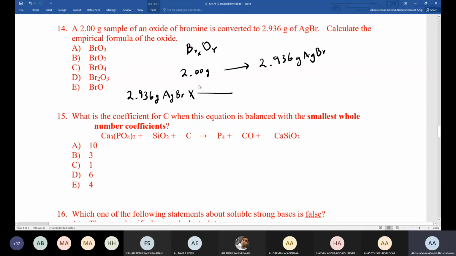No, I should convert to mole. Mole of AgBr is how many grams? Go ahead, calculate from your periodic table.